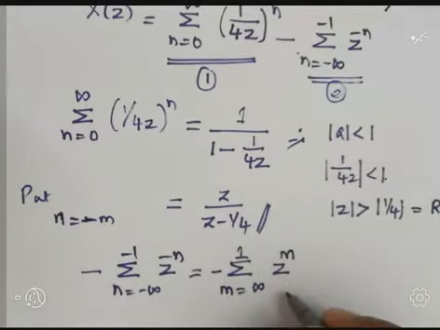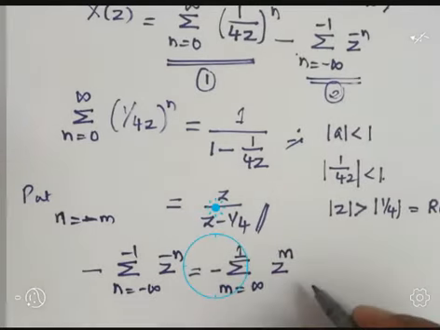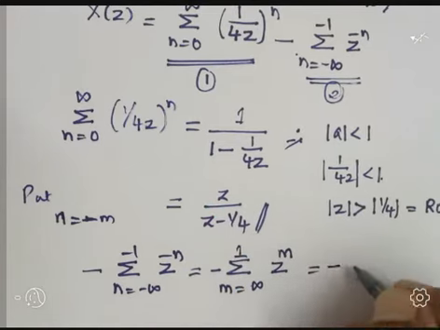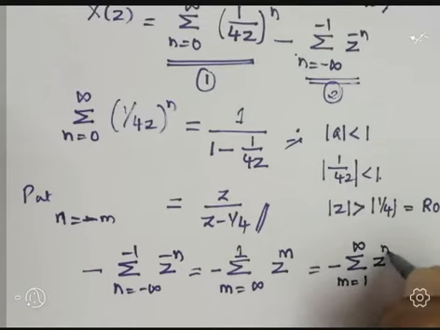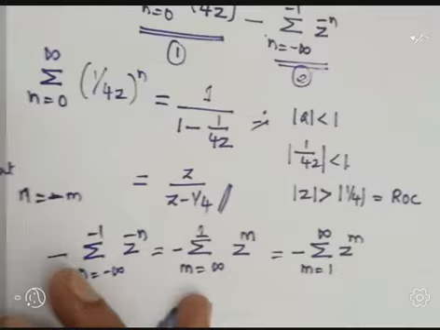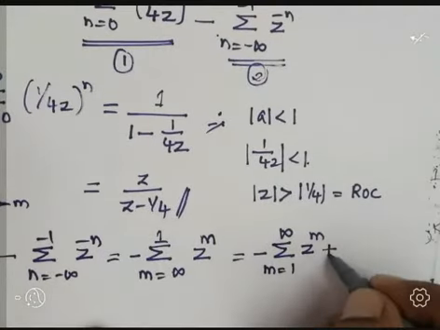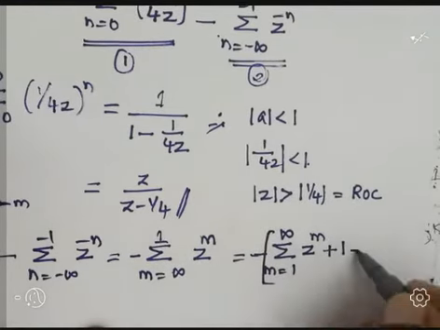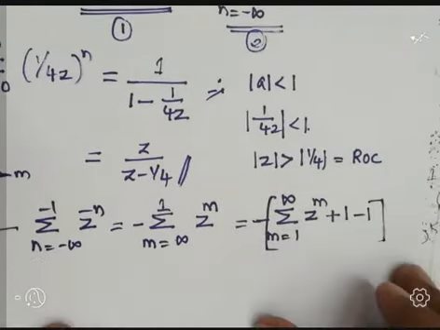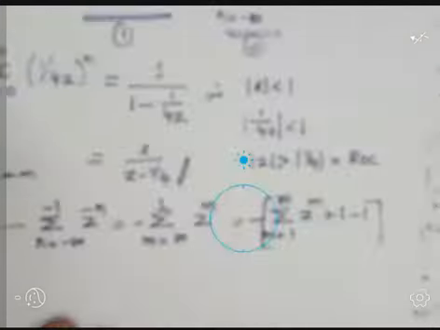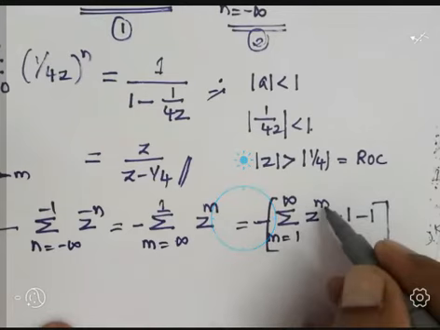So in this step, always you have to write lower value to higher value. 1 is lower, so I will rewrite this as minus, as it is, summation m equal to 1 to infinity z to the power m. Very simple. If I add 1 and subtract 1, there is no change in the result. Why did I add 1 and why did I subtract 1? The reason is that if you substitute m equal to 0, what will we get?